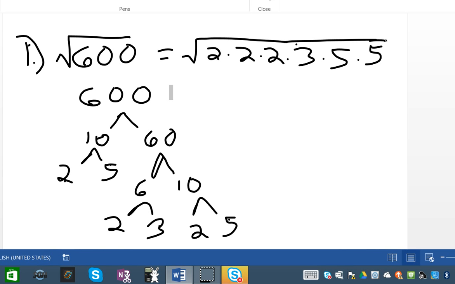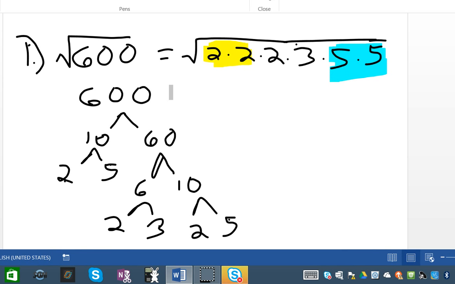And so now I'm ready to decide which numbers I need to pull out of my square root. And the way I do that is I only pull out the numbers that have a pair inside the square root. So for example, 2 and 2, that's a pair because there's two 2's. But 5 and 5 is also a pair because there's two 5's.